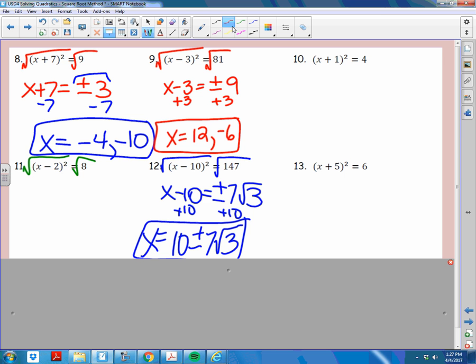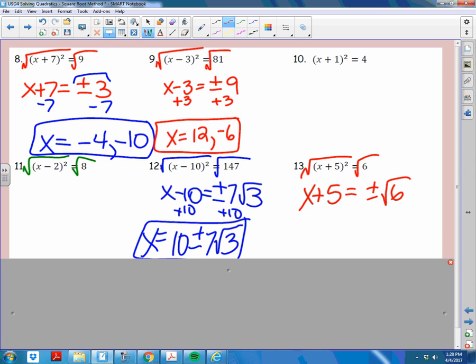Okay, one more quick thing, then I'll get you on your classwork homework. Look at number 13. Just watch me. I'm going to take the square root of both sides, correct? This becomes x plus 5. What does the square root of 6 become? 2 and 3, neither of which are good square roots. You can't break it down because the only good square root that goes into 6 is 1, and that doesn't do anything to it.